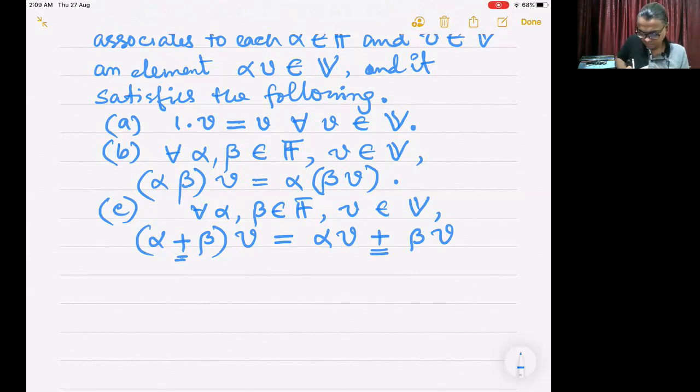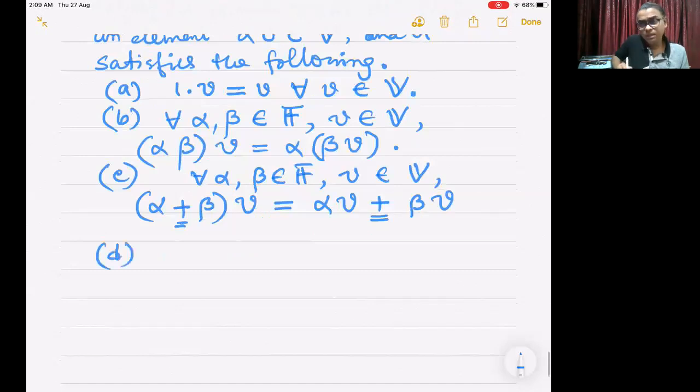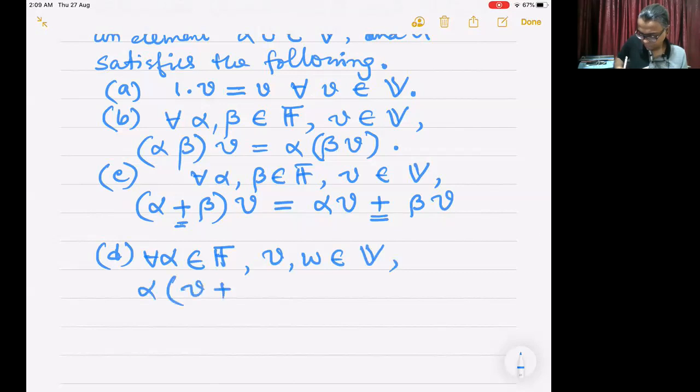That is how scalar multiplication and addition in the vector space as well as in the field distribute over each other. Property number D is another distributivity property where we have one scalar alpha but two vectors v and w in the vector space. We must have alpha (v plus w), vector sum and then scalar multiplication, is the same as alpha v plus alpha w.